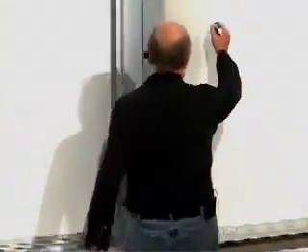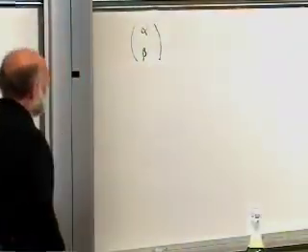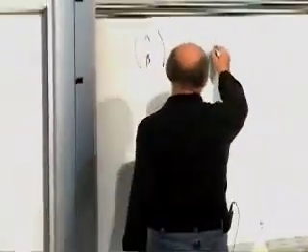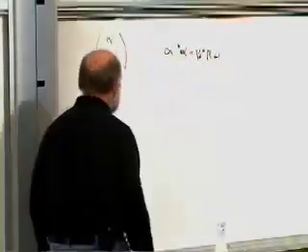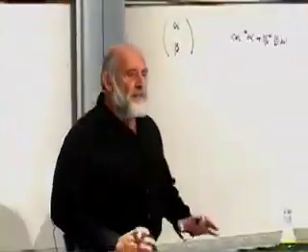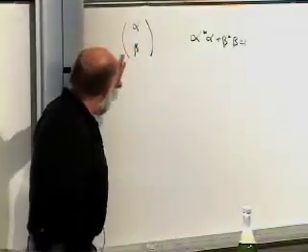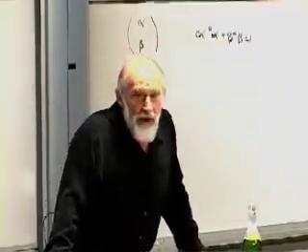What it says is that no matter what state you write down, any vector you write down, alpha, beta, with presumably alpha star alpha plus beta star beta equals 1, so that it's normalized, there is always some direction in space such that if the electron is in this state, then the spin along that direction is definitely plus.